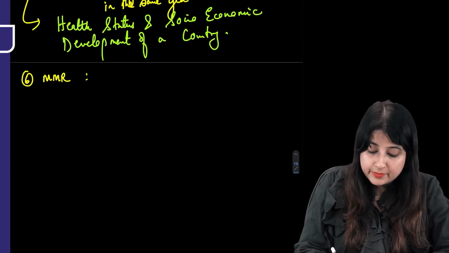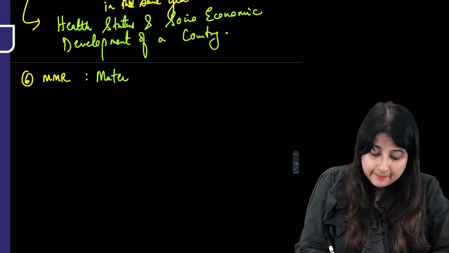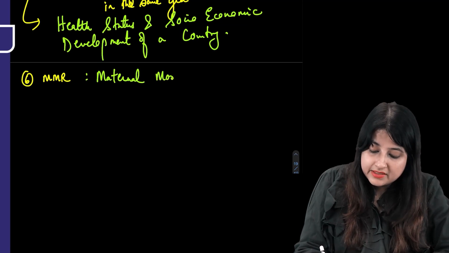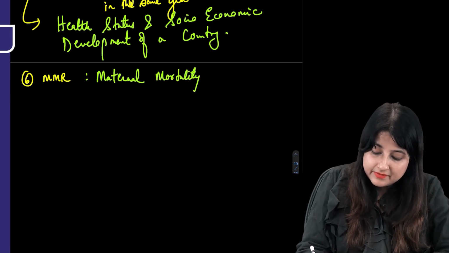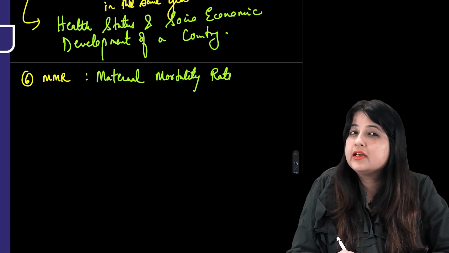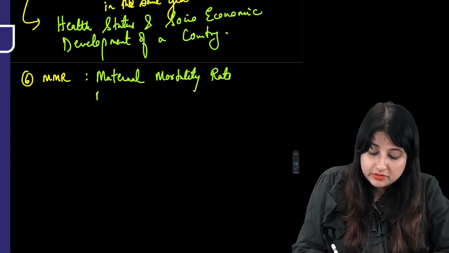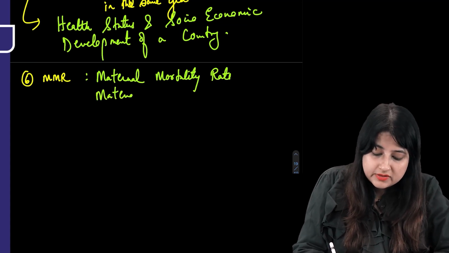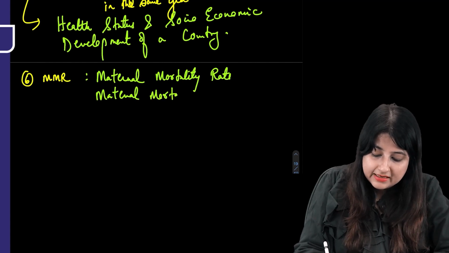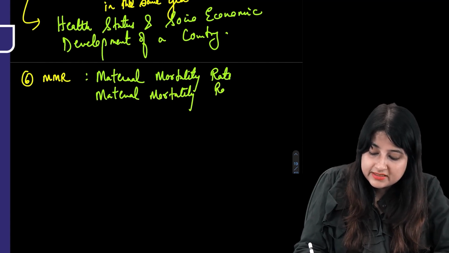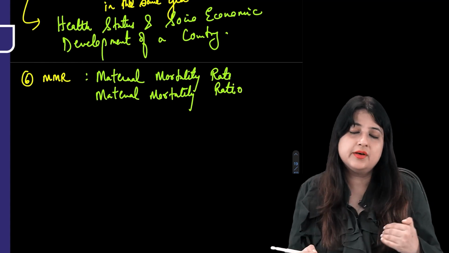MMR over here could be two things. It could be either maternal mortality rate. This will be taken up again in the topic of preventive obstetrics also. Or you can also say maternal mortality ratio. So what is the difference? I'll just brief you over here.